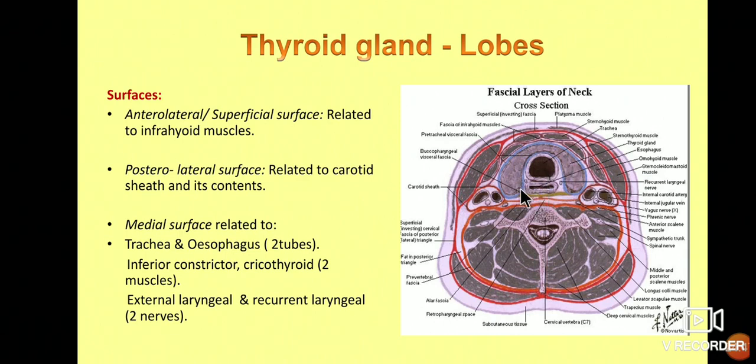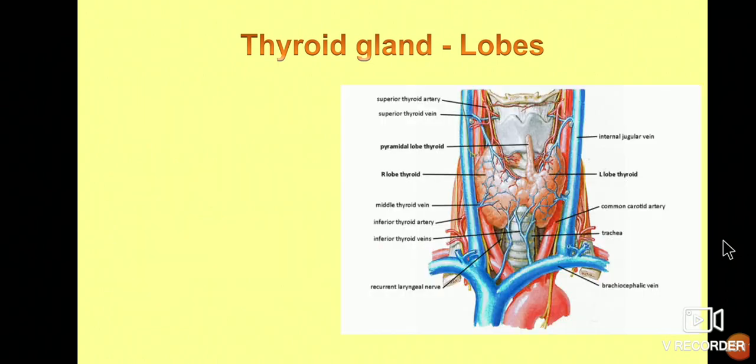Two muscles of course cannot be demonstrated in this cross section, but one nerve, between the trachea and the esophagus, in the tracheoesophageal groove, you see the recurrent laryngeal nerve. So that is the relations of the lobes of the thyroid gland.